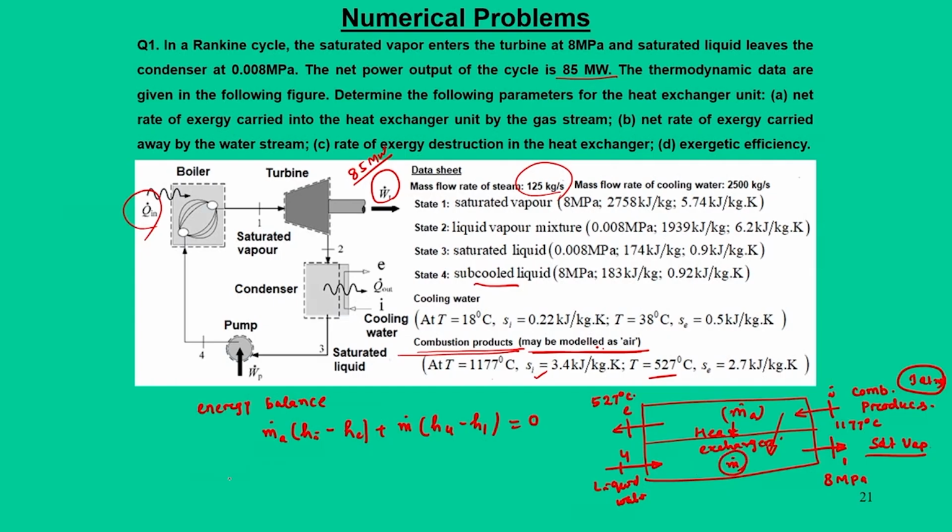Now, from these equations we can find the ratio m dot A by m dot is equal to H1 minus H4 divided by Hi minus He. So, from the data, that is 2758 minus 183 divided by 1457 minus 805.